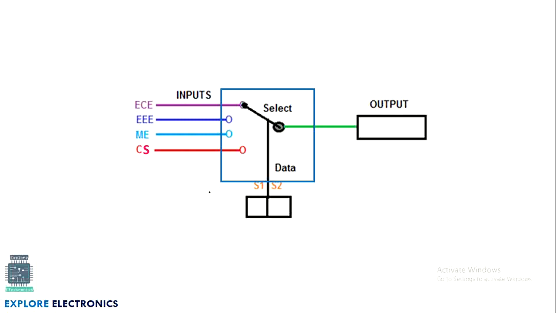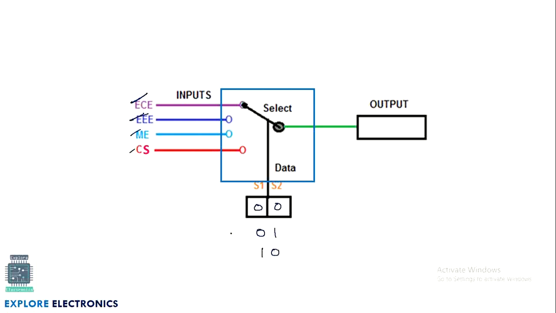You can observe here in this circuit again, it is showing how the data will be selected. Suppose we have data called ECE, EEE, ME and CS. We need to choose only one at a time. Now if we pass 0, 0 from the select lines, it will choose, let us take ECE. If we give the value 0, 1, it will choose EEE.